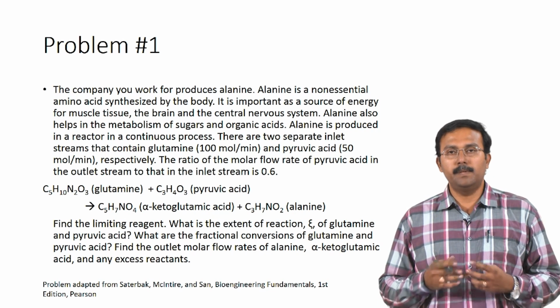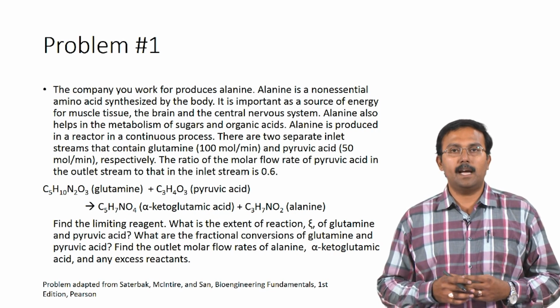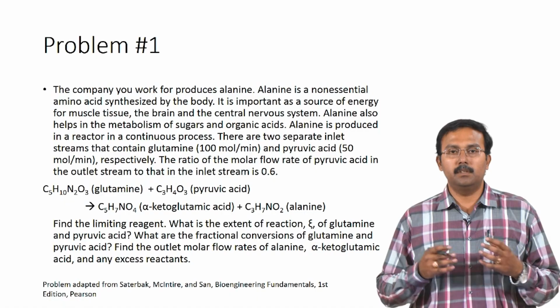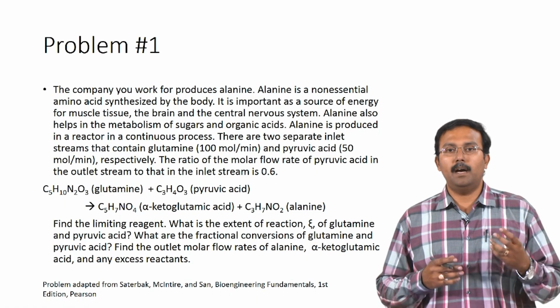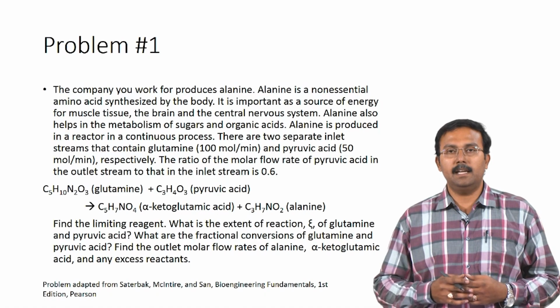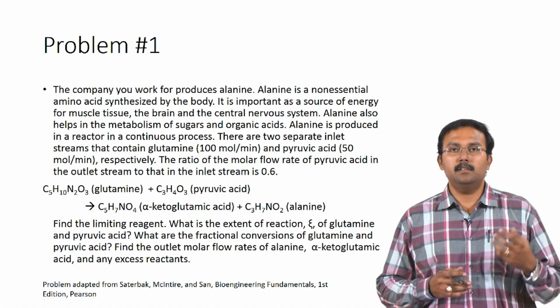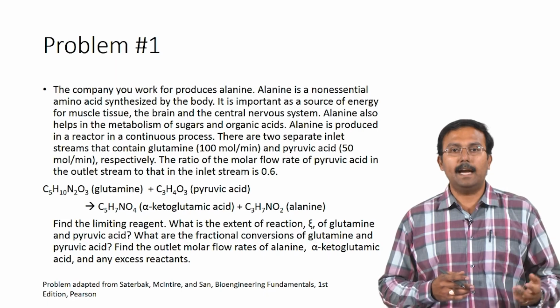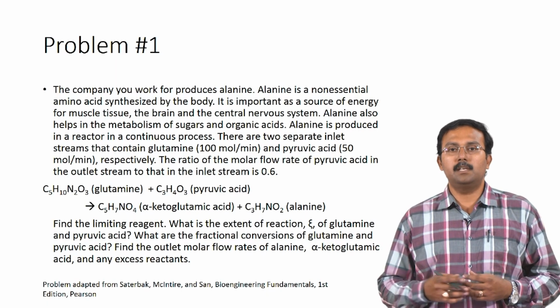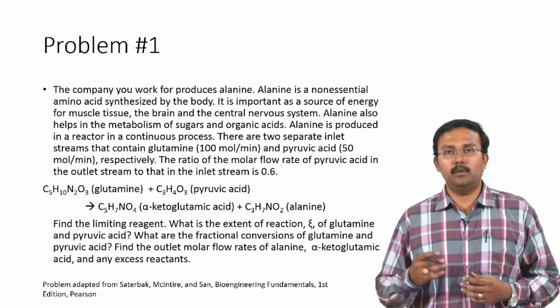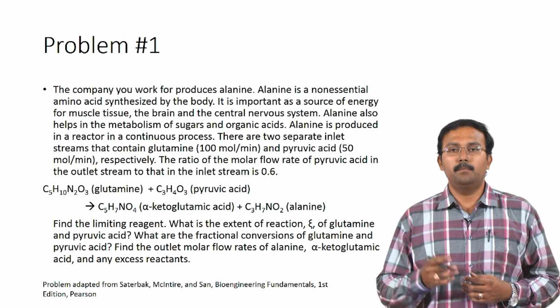So, this is a simple single unit process with a single reaction. Glutamine reacts with pyruvic acid to form alpha ketoglutamic acid and alanine, and we have been given the molar flow rates for the reactants. We have also been told the ratio of the outlet to inlet streams for pyruvic acid.